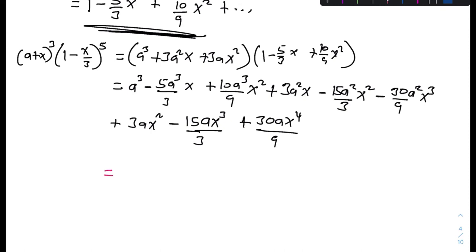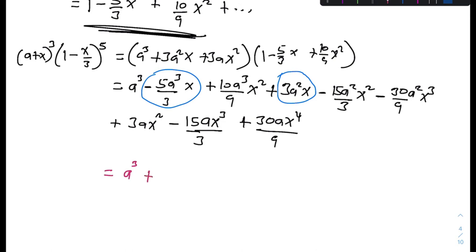All right, so now let's simplify. So we have our a to the 3rd power. Let's look for the x terms. The constant, I believe the constant is only one, this one. We don't have any other constant again. Okay, so for the x term, we have this, and that is pretty much it.